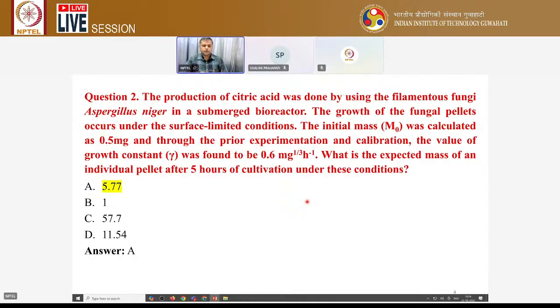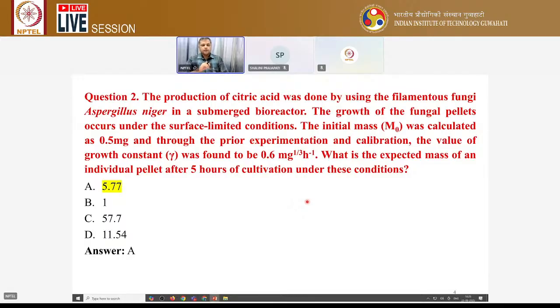The growth kinetics can be segregated and unsegregated, structured and unstructured. What is the difference between segregated and unsegregated, structured and unstructured? One considers cell heterogeneity and the other considers average cell approximations.